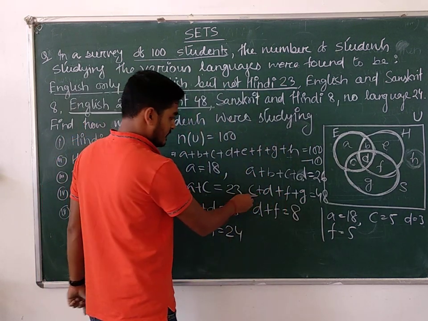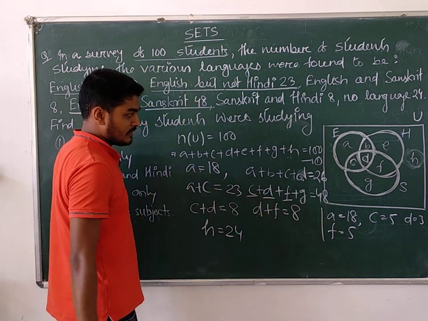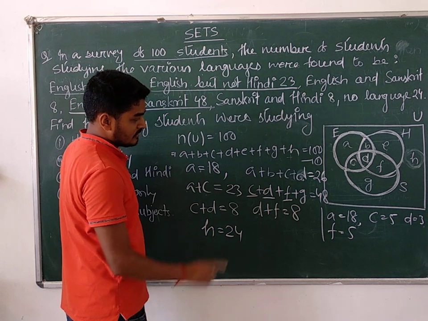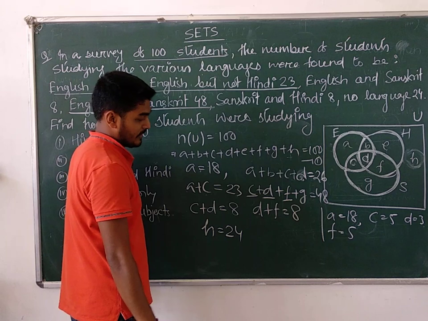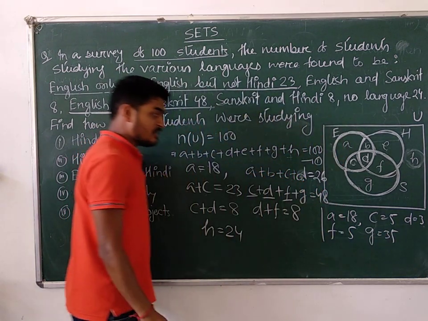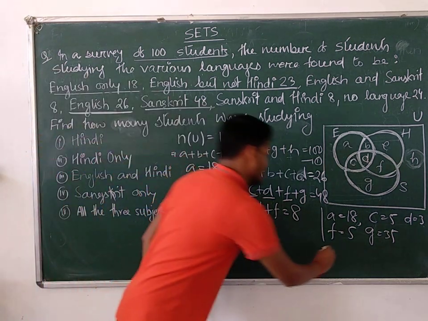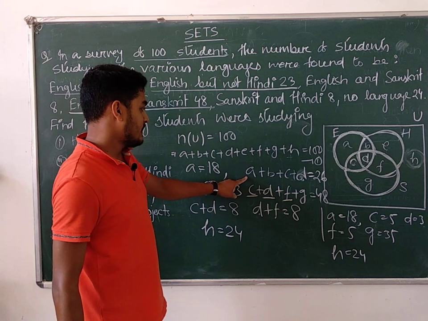So put the value of C, F and D, then 13. So 13 means 35. So G is equal to 35. So in this way, I think you can easily find it. H means already it is there. H is 24. So A is 18.